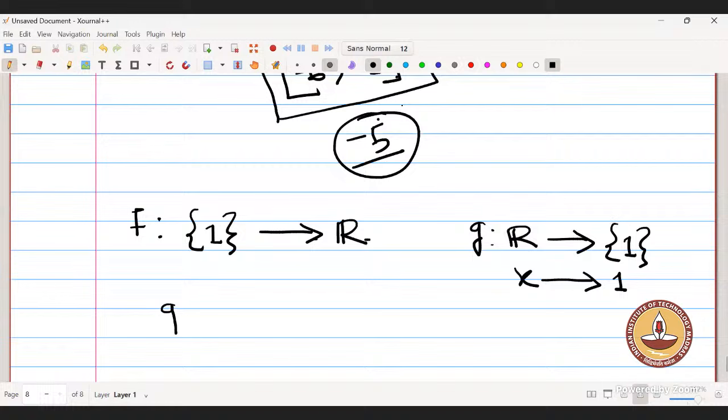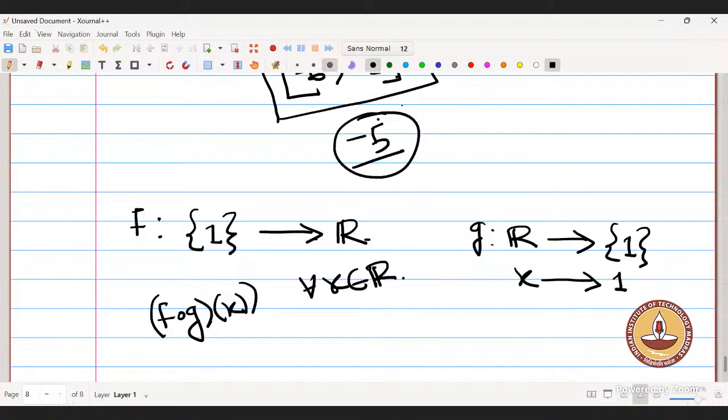So if I talk about F compose G, then this basically makes sense for all X inside R, right? Because if I take G of X, it's always 1, and 1 is already there in the domain of F. So I can compose, right?